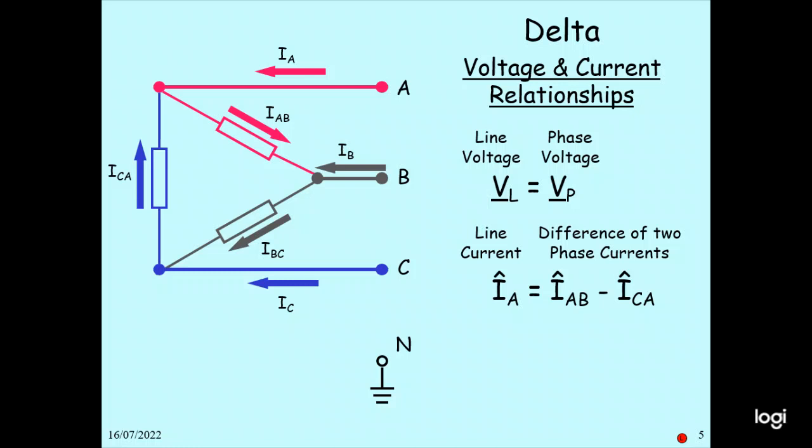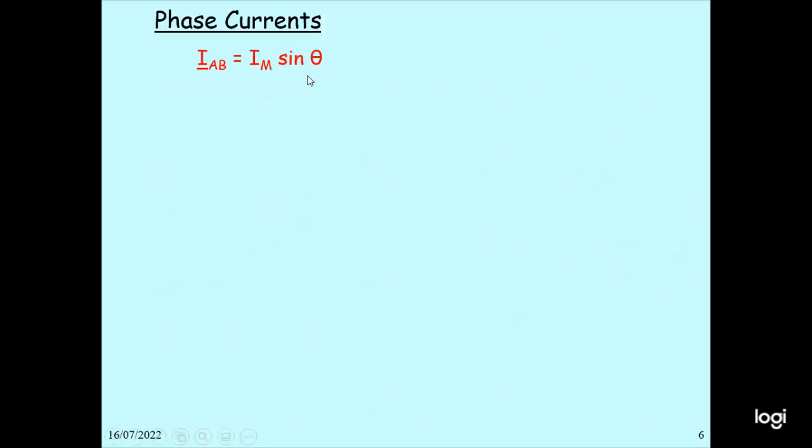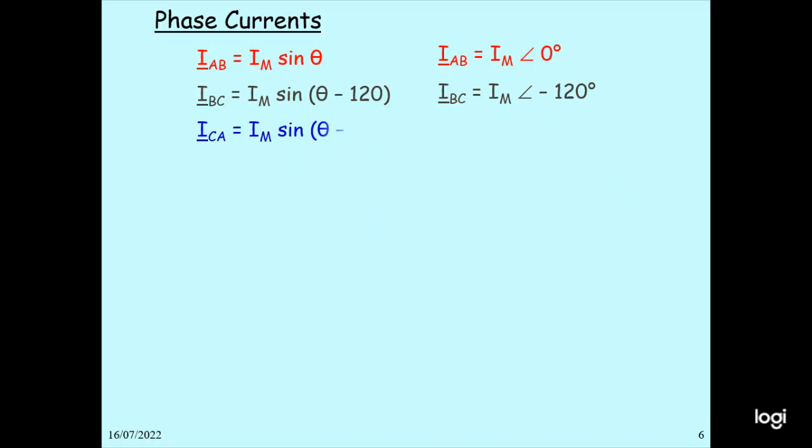Similarly, IB. IAB is I_N at angle 0 degrees, IBC is I_N at angle minus 120 degrees, and ICA is I_N at angle minus 240 degrees.